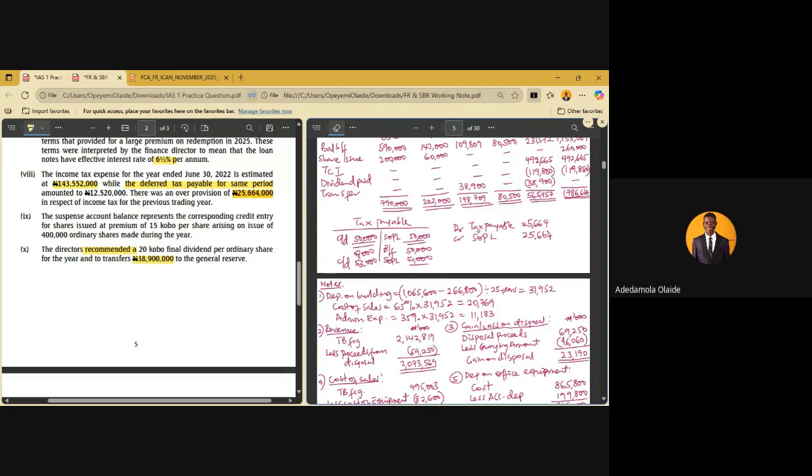Let me redo it this way. Just like I have said here, we have tax payable accounts and we have bank accounts. In year 2012, we make provision SOPL 50,000.